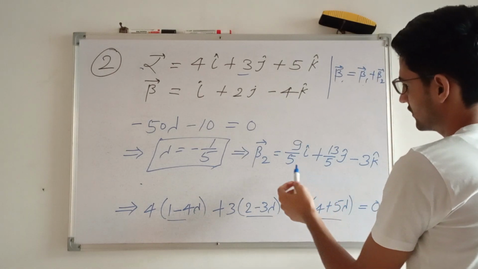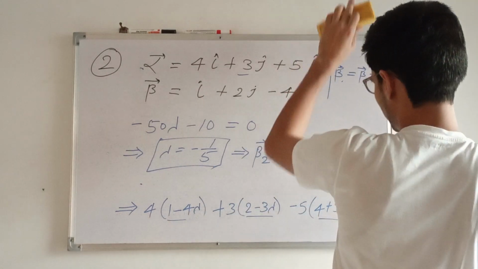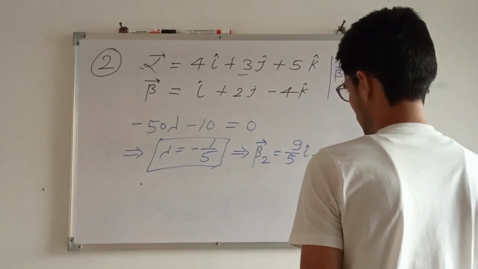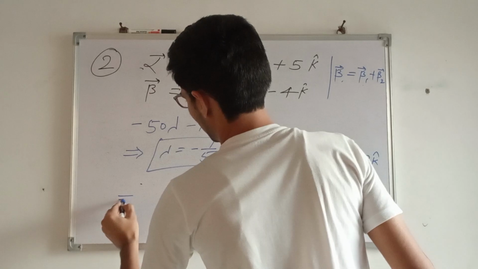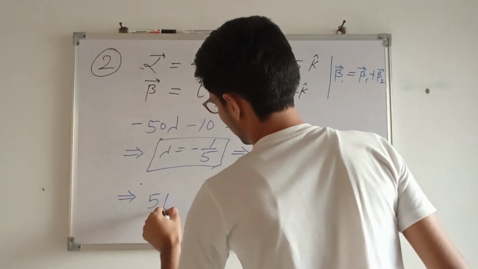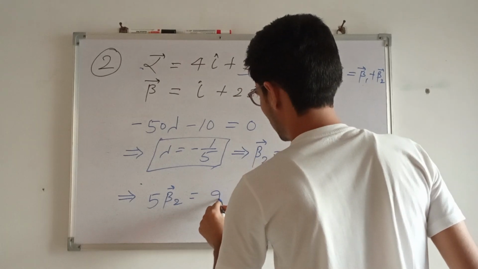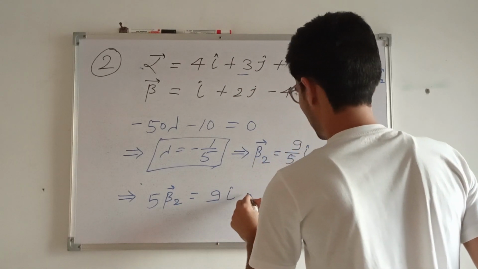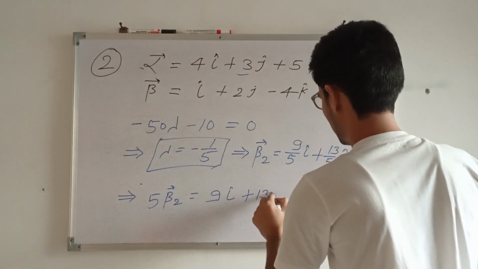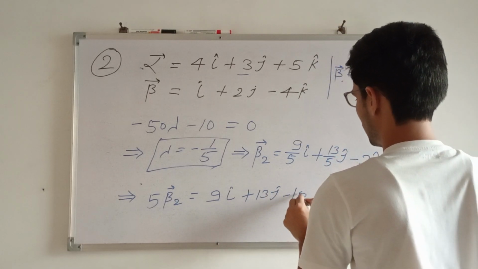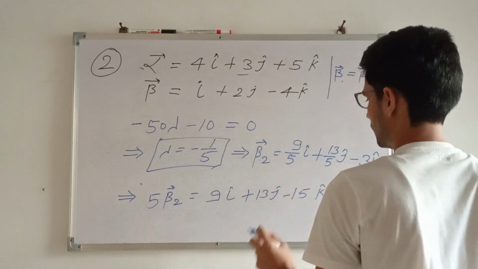Take 5 as LCM and bring it to this side. We will get 5 beta 2 is equal to 9 i cap plus 13 j cap minus 5 3s are 15 k cap.